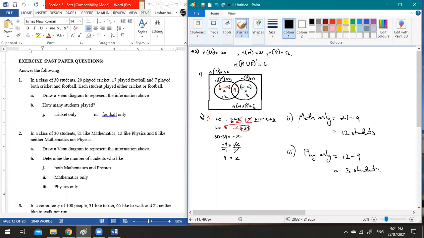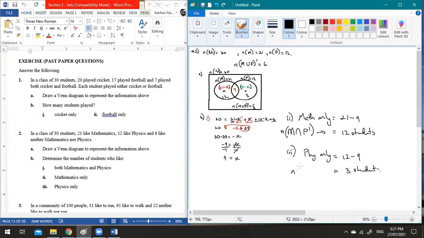So the maths only section will be the mathematics intersect P prime, the complement. And to give you the number of elements in this set, let's put the n in front of it, and that will equal 12.